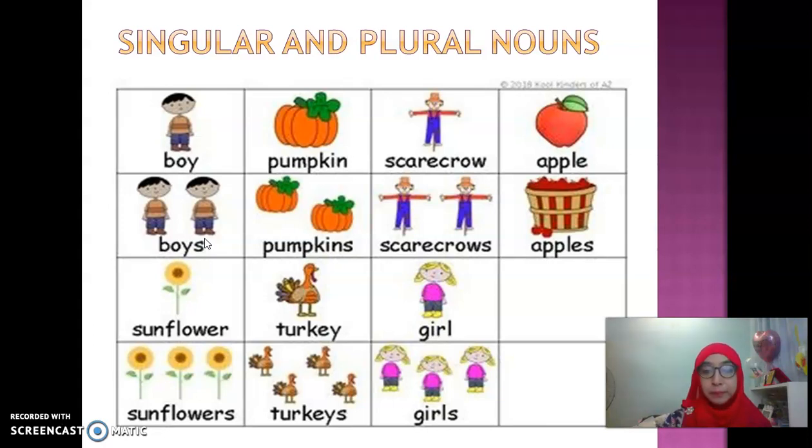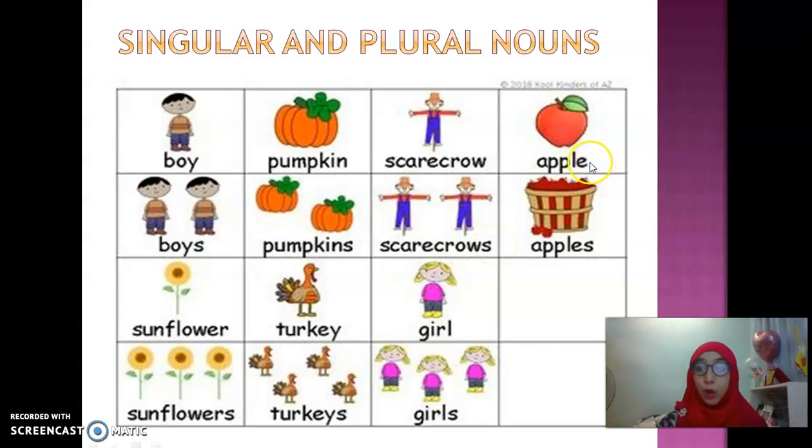So you can see here, pumpkin, no S, singular. Pumpkins, S, plural. Scarecrow, no S, one. Scarecrows, S, many.